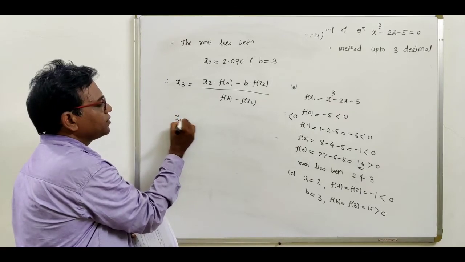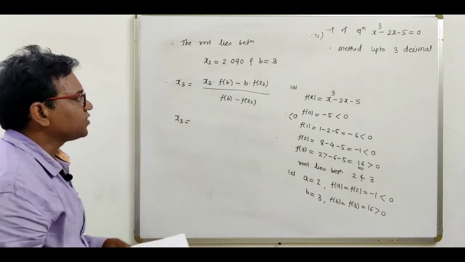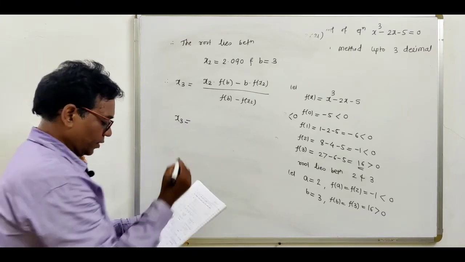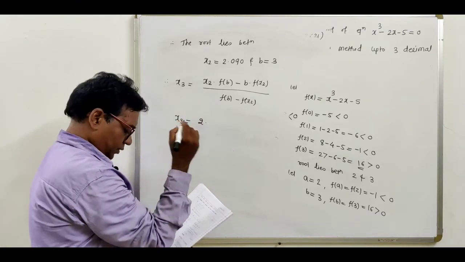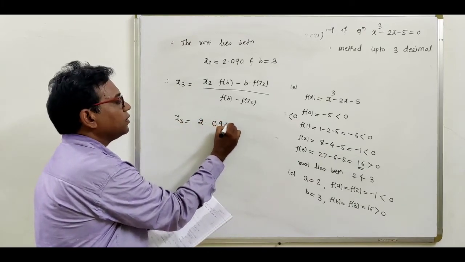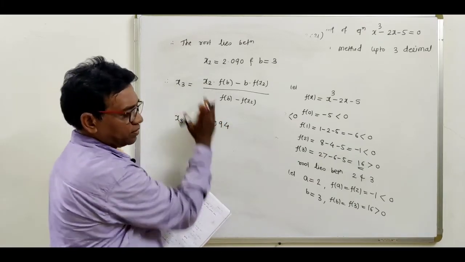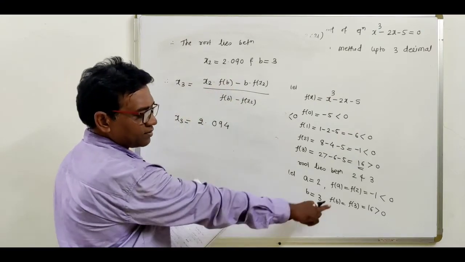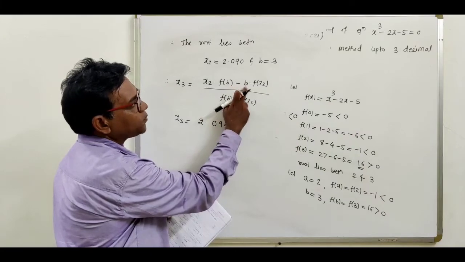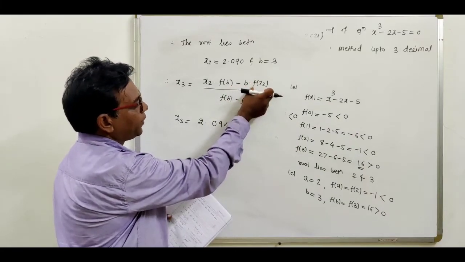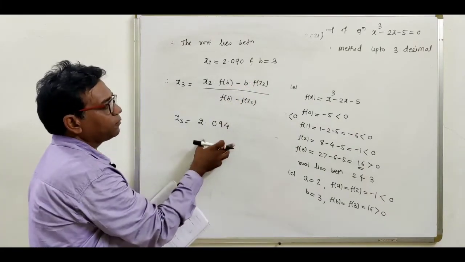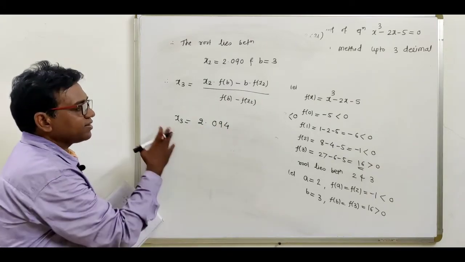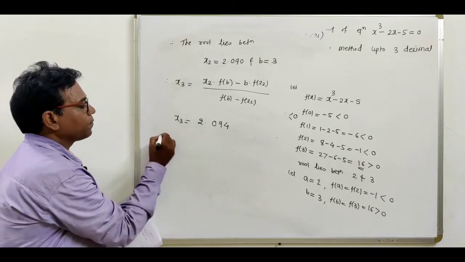So put the values. x2 means 2.090. fb means 16, minus b, the value of b is 3, f of x2 is the negative functional value, divided by fb minus fx2. So we have found this x3 equal to 2.094.